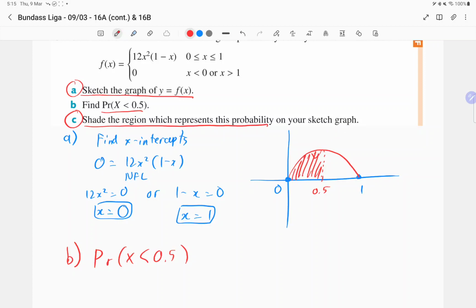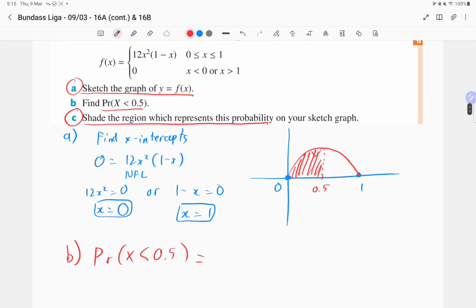Okay, yeah? So I'm just giving you guys the answer again, then we'll move on. But yeah, so this one will be antiderive from 0 to 0.5 of the equation 12x squared (1 minus x) dx.